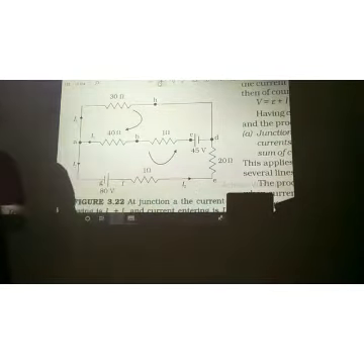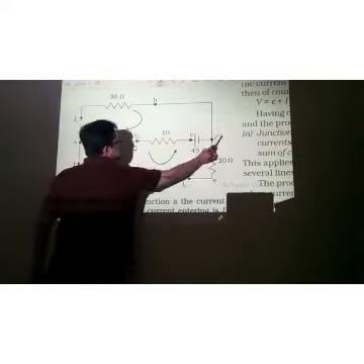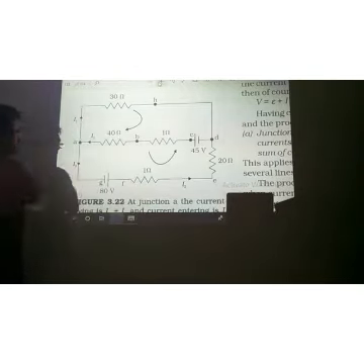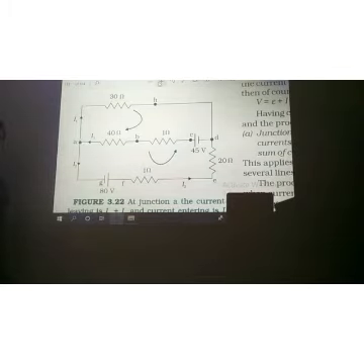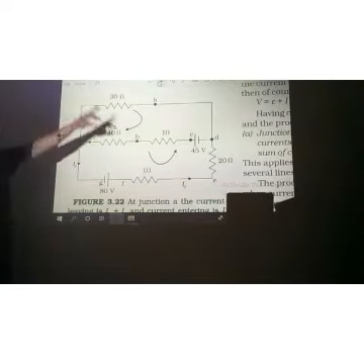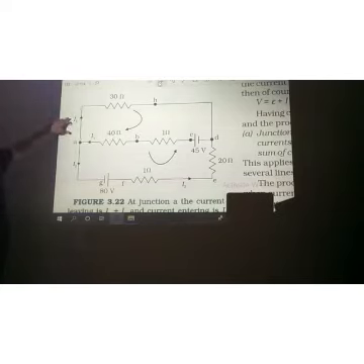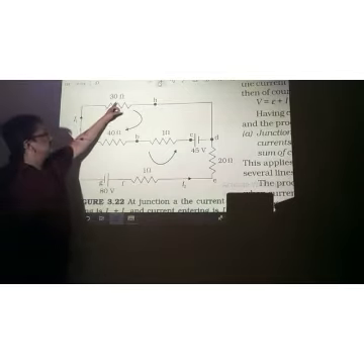Its name is A H B C D A. I am saying the loop A H B C D A, and now we have to calculate the potential from A to A. So we start from junction A and go to junction A. You will see the current flowing is I1, and the resistance there is 30 ohm.